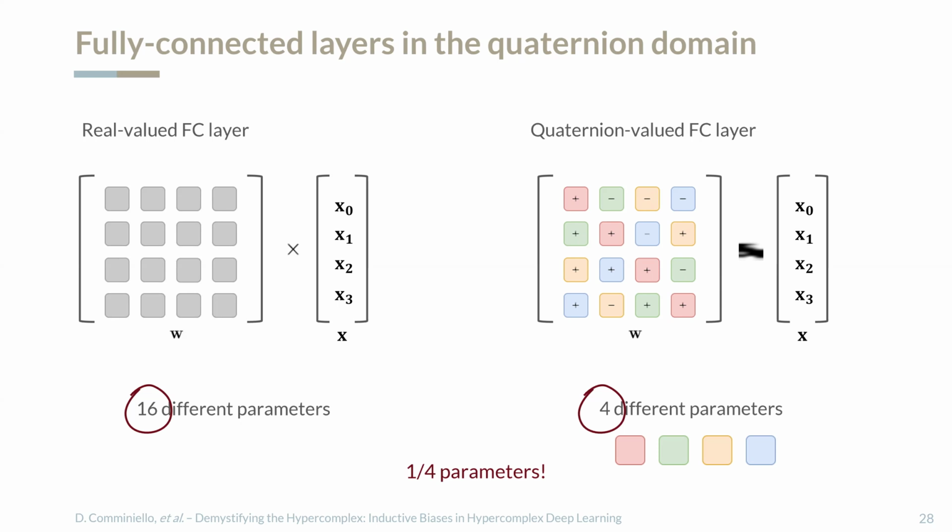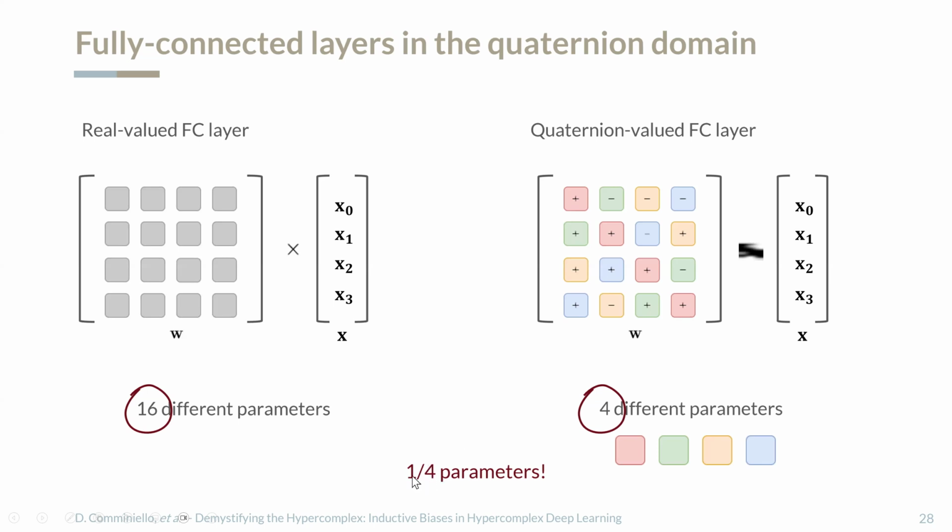But imagine that instead of 16 parameters, you have millions of parameters like in modern architectures. And so you are able to reduce by 1/4 the number of parameters. This is a very huge saving. Another thing is that, as we will see later, this number is related to the order of the hypercomplex algebra.